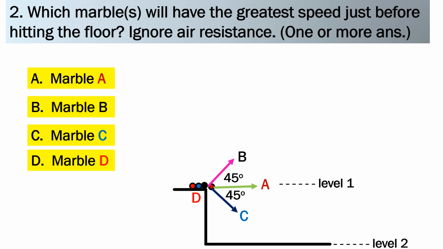All right, let's now look at the question. For question number 2, which marble or marbles will have the greatest speed just before hitting the floor? Again, we have to ignore air resistance, and we are looking for one or more answers.